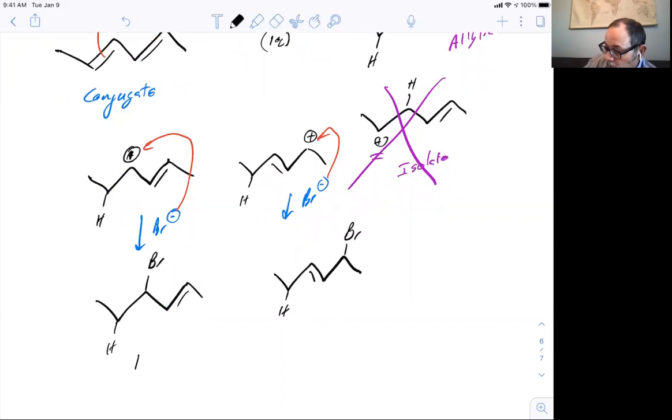This one is known as the 1,2 addition, this one as the 1,4 addition. Questions about these? Again, remember the Markovnikov is forming. That's a question that had problems in exam 3. Markovnikov addition is driven by the stability of the carbocation. Okay.